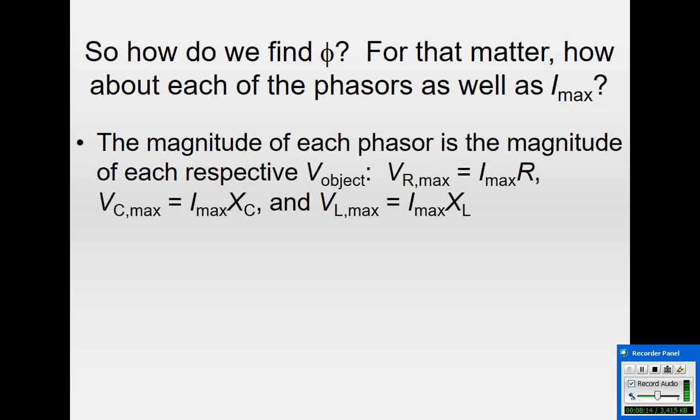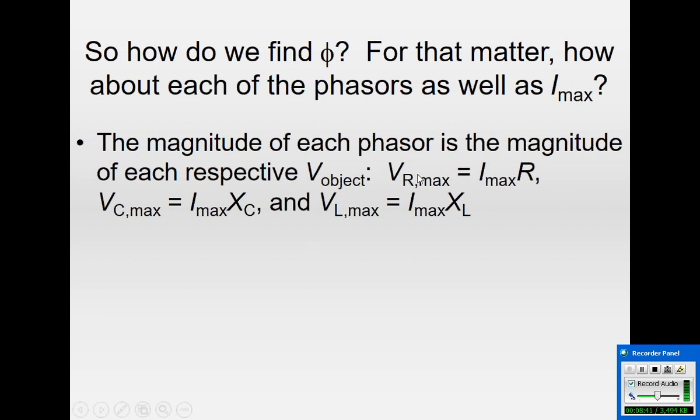Let's assume we know the value of the resistance, the value of the capacitance, the value of the inductance, and the frequency of oscillation of the voltage source. That last bit is important in determining XC, the capacitive reactance, and XL, the inductive reactance. You might want to review the previous lecture to understand those quantities a little bit better.